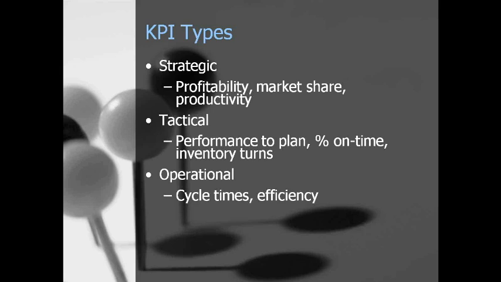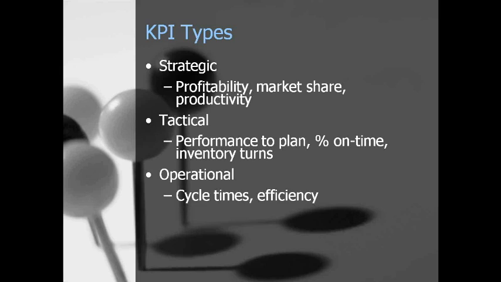The third type of key performance indicator is operational. How are we doing out in the production floor? How are we doing in our fulfillment operations? Here we're talking about KPIs like cycle time.